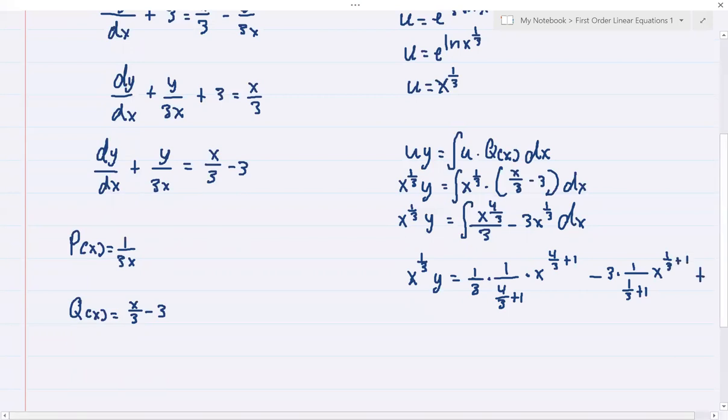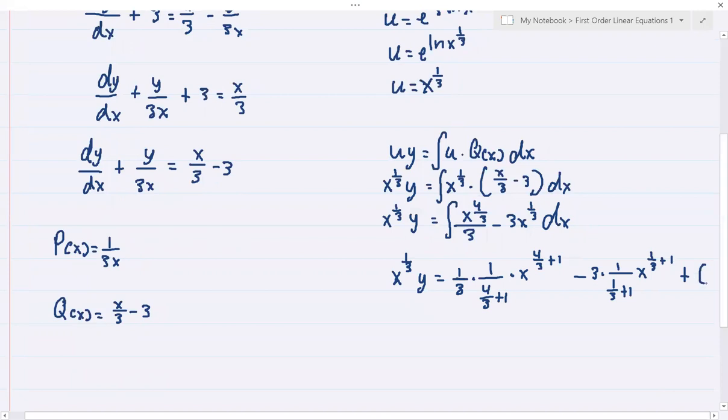And don't forget your plus c. I'm just going to copy the left side.